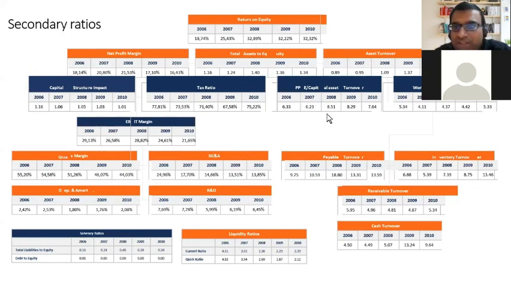So the point here is that your capital structure is here and your gross profit and net profit margins are decreasing. And your asset turnover ratio is improving, that means your sales is improving. Basically, your sales is increasing without a proportionate increase in your asset base.